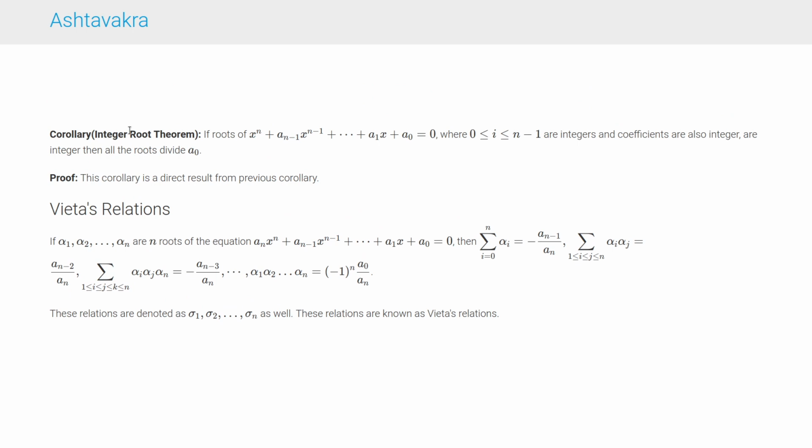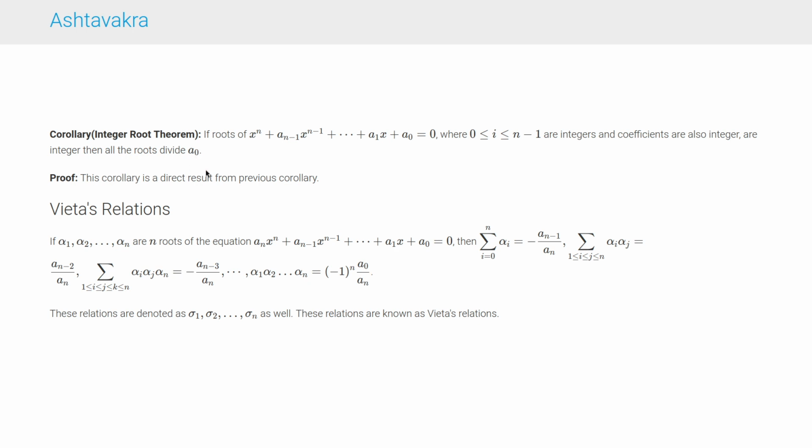The corollary of the above theorem, that is the rational root theorem, is the integer root theorem. It says that if the roots of x^n + a_(n-1) x^(n-1) and so on up to a_1 x + a_0 = 0, where a_i for 0 less than or equal to i less than or equal to n-1 are integers and the coefficients are also integers, are repeated, then all the roots divide a_0.